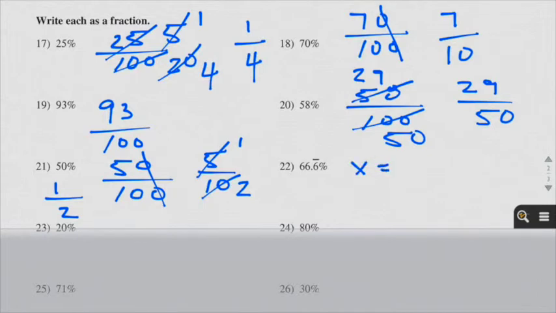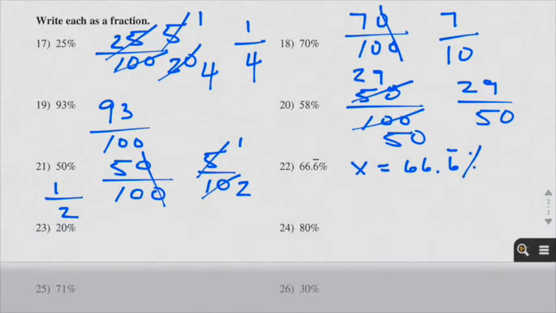What we want to start out with is x equals 66.6 repeated percent. Okay, this is the same as 0.66 repeated on and on and on forever. All we did was convert the percent into a decimal.